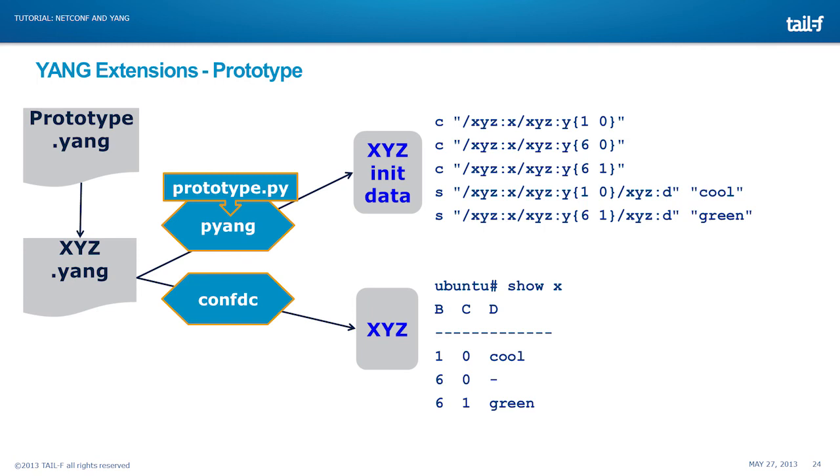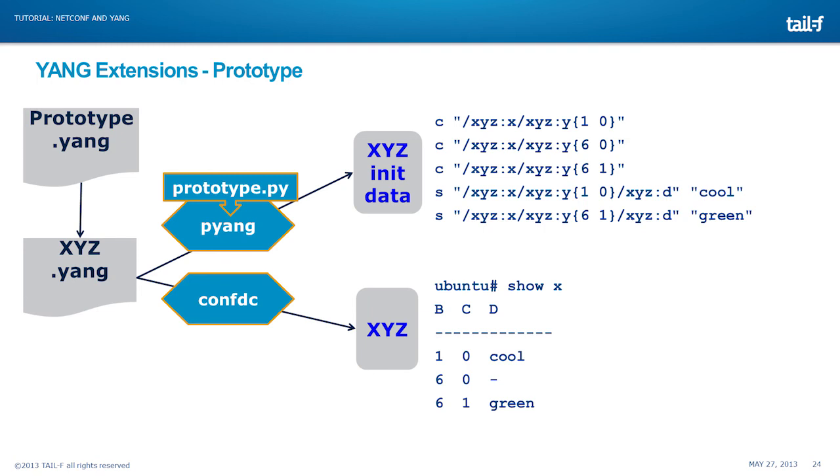At the bottom, we see the confd tool, which is compiling XYZ into the binary format, or xyz.fxs, for use by confd. It will have ignored your extension statements from the prototype module, but where you can add processing for your extension statements is by making use of Pyang.